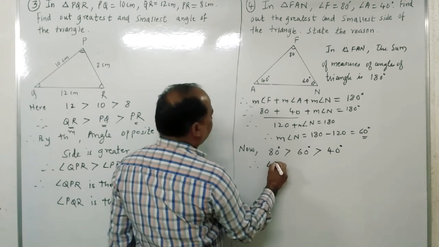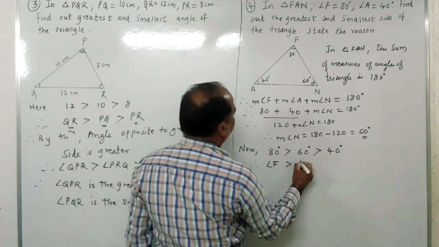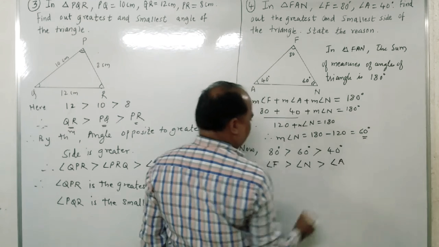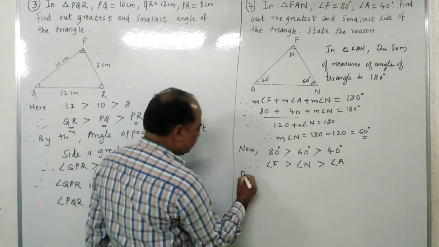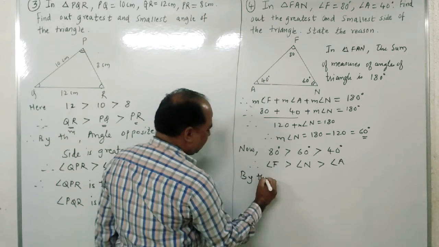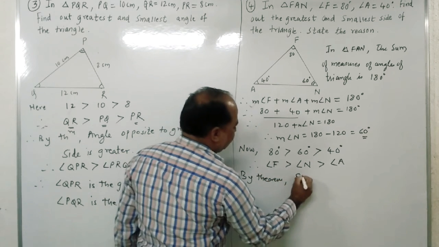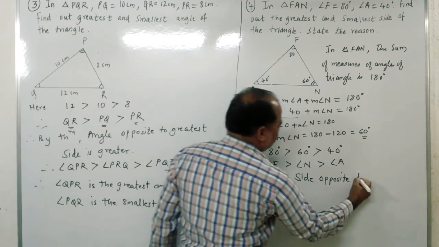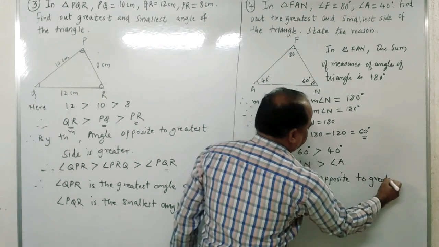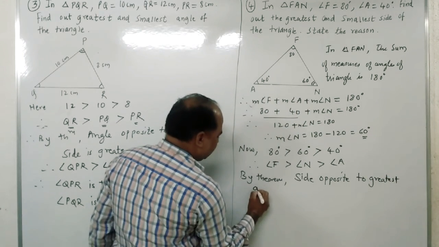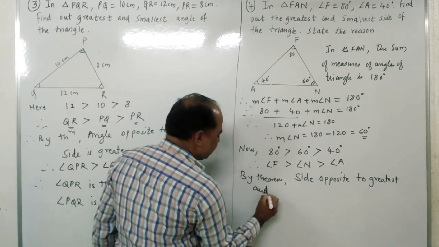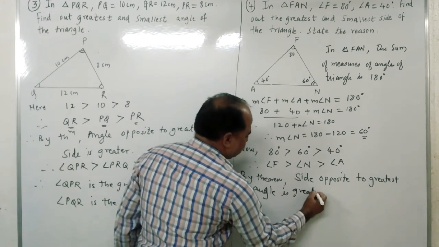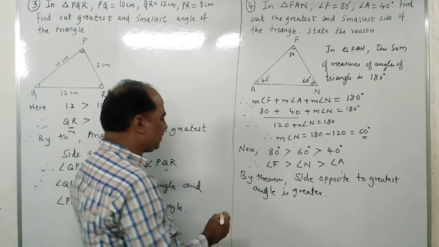Therefore, angle F is greater than angle N, and angle N is greater than angle A. Now by theorem, side opposite to greatest angle is greater.